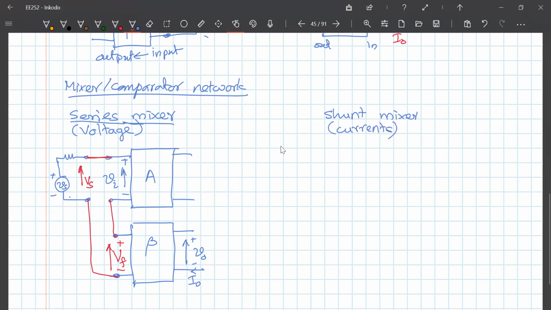In other words, we have a current source, so we represent it as a Norton's equivalent circuit.